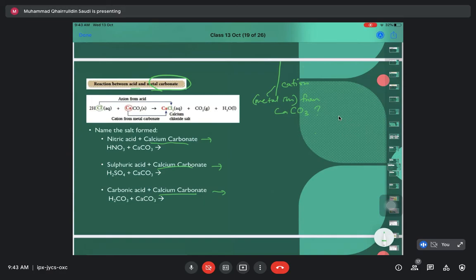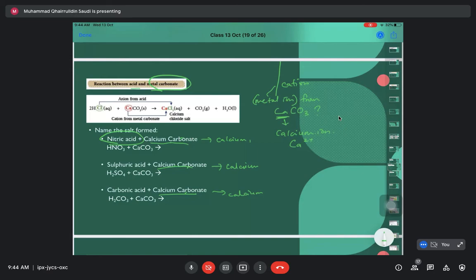Our cation is calcium ion, Ca2+. Boleh? So, our salt that form is calcium something. Sebab react dengan calcium carbonate. So, now our salt kat belakang, kalau react dengan nitric acid, calcium apa?